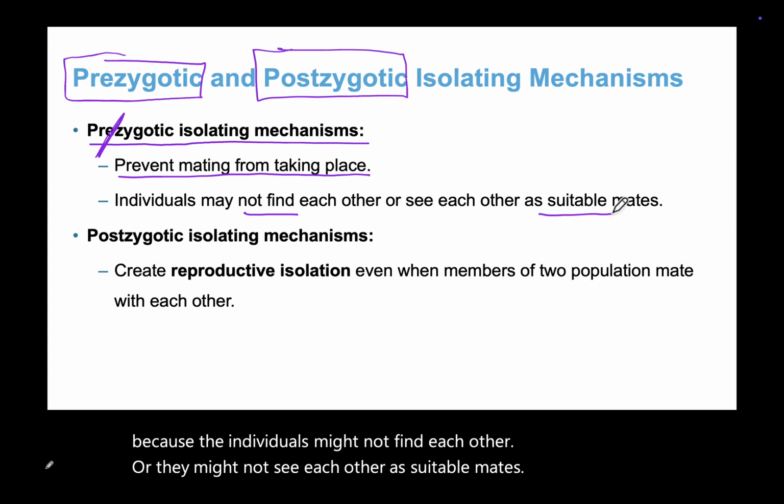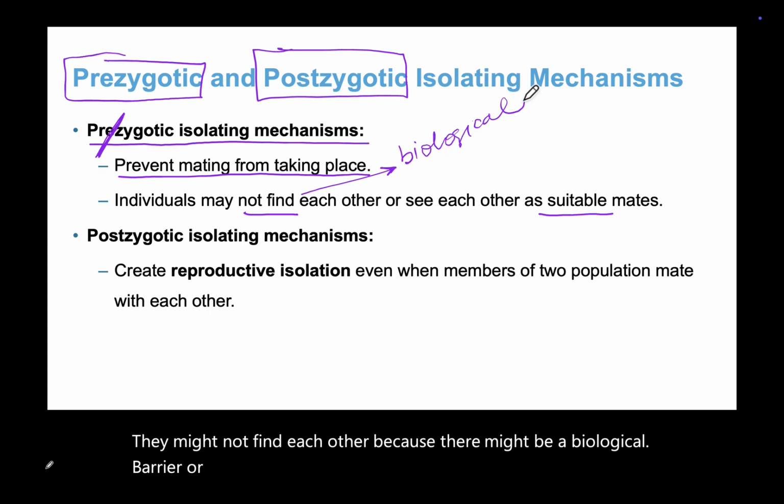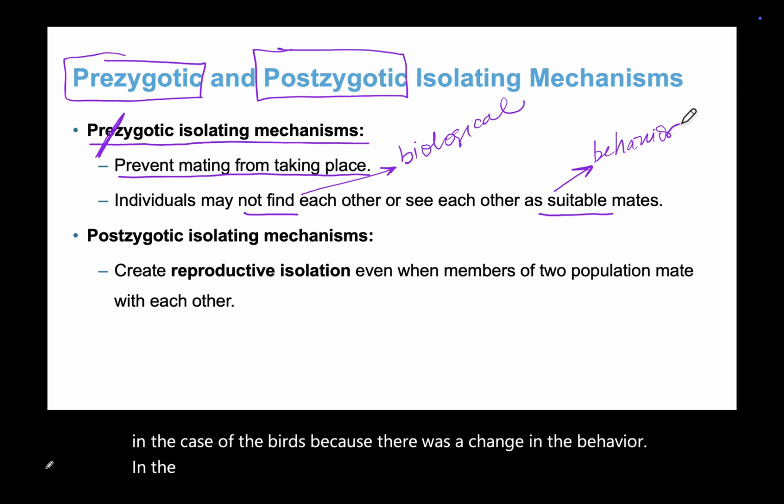They might not find each other because there might be a biological barrier, or because they don't see each other as suitable mates, like in the case of the birds, because there was a change in the reproductive behavior of those birds.